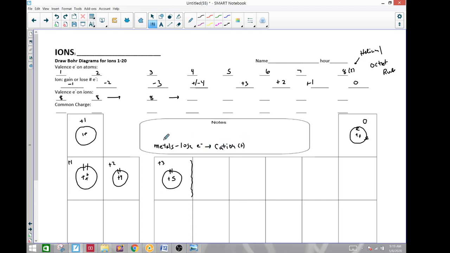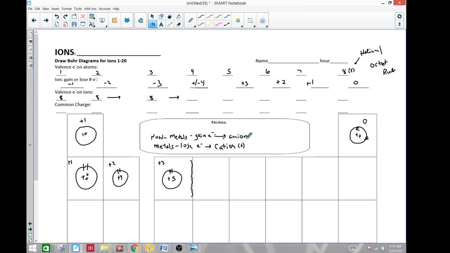But nonmetals, big difference, nonmetals gain electrons to form what we call anions. And we should already know a lot of these terms already.